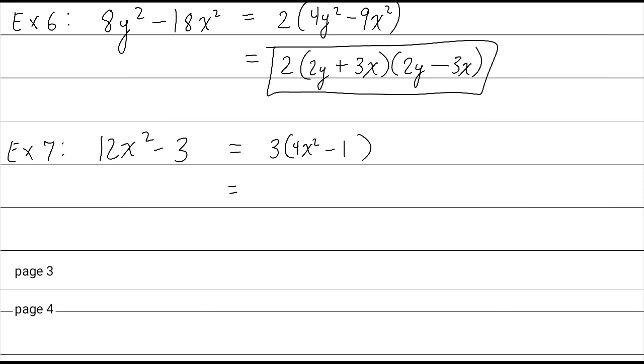What is being raised to the second power to give me 4x squared? That'd be 2x. What's being raised to the second power that gives me 1? That's 1. So 3 times 2x plus 1, 2x minus 1.